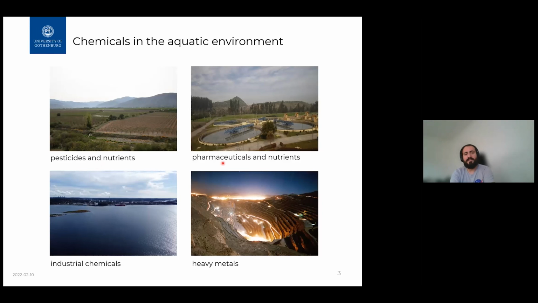Pharmaceutical and personal care products reach the surface water mainly from wastewater treatment plants in developing and industrialized countries. Industrial chemicals are present in the environment due to direct discharge from the facilities, or due to accidental spills as well. And heavy metals, of course, exceed their background concentration mainly due to mining activities.